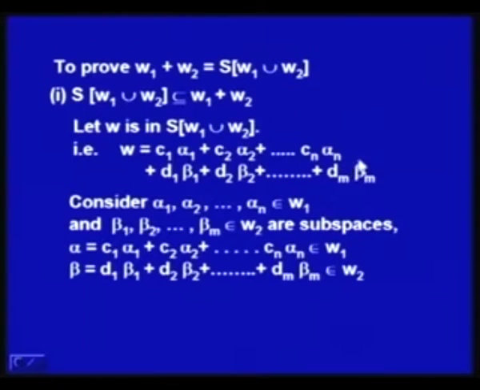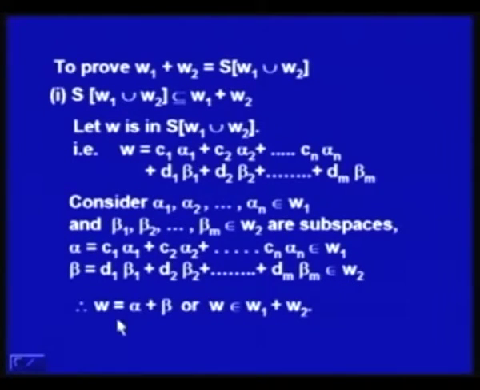So, a linear combination of vectors of W1, c1 alpha 1 plus c2 alpha 2 plus cn alpha n, must belong to W1 because a linear combination also belongs to W1, being a subspace. Similarly, this is a linear combination of vectors of W2, so W2 being a subspace, beta equal to d1 beta 1 plus d2 beta 2 plus dm beta m must belong to W2.